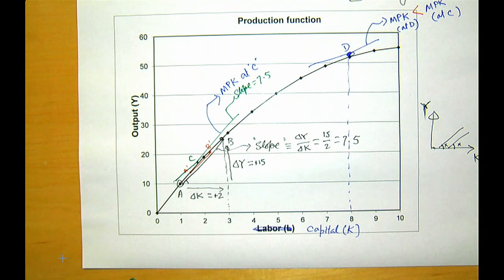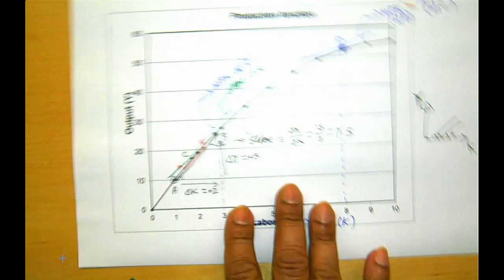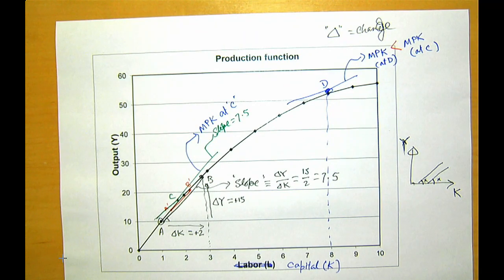Is there any economic reason to justify that? Again, don't use the word law if you already know. There is no law. There's logic. So why would you expect marginal product at D to be lower than marginal product at C? Or, put it differently, let me spell it out.